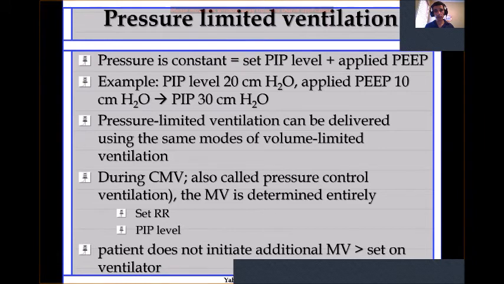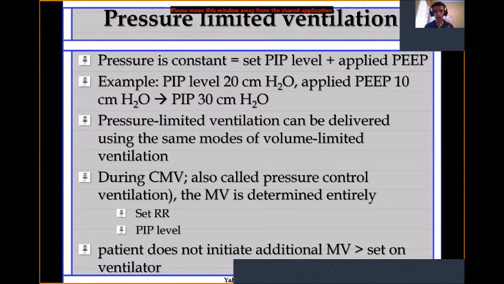So we set the PIP and the applied PEEP. This is just an example, I don't want to go into details. In short, you set the PIP and the PEEP, all pressure related, and you get a variable volume.